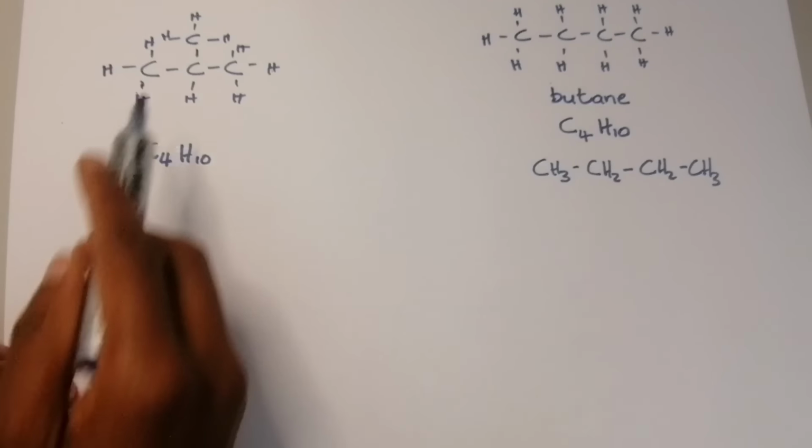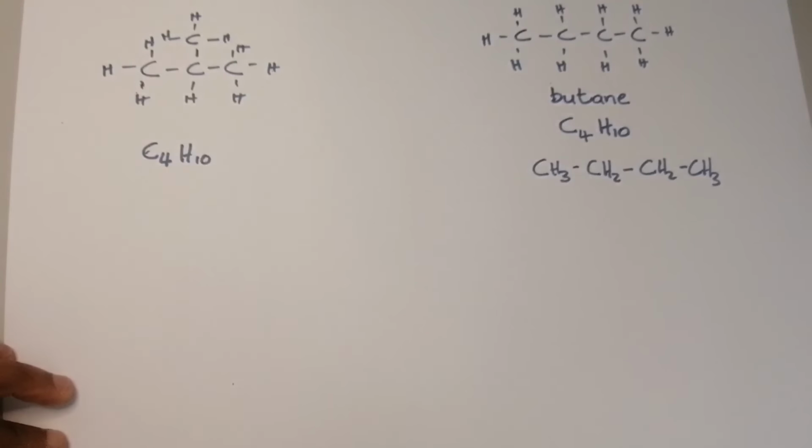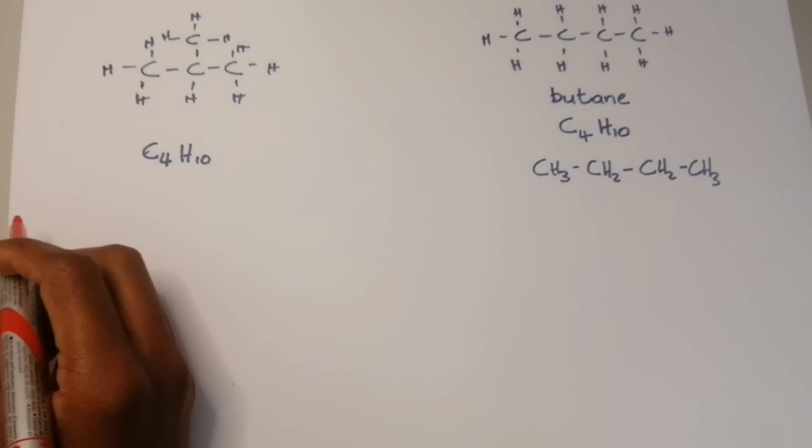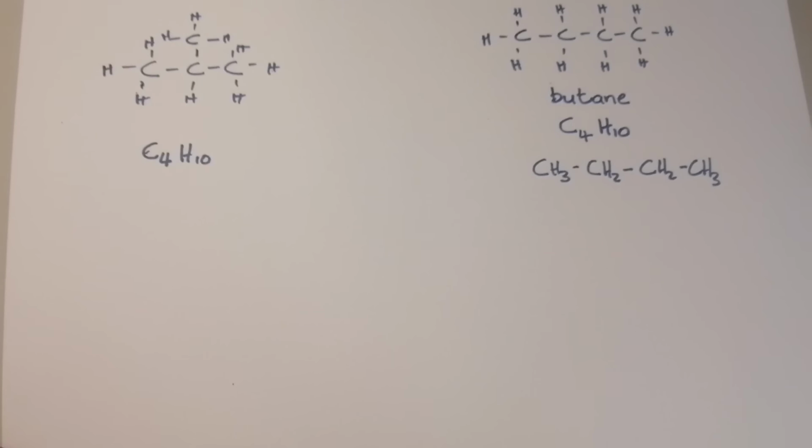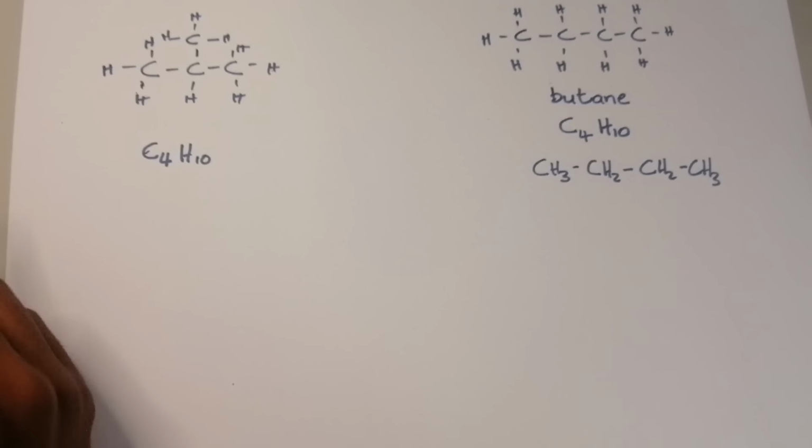Now the question is, how do I name this one? Ladies and gents, please stay with me for now. What we are going to do is introduce what we call a numbering system. Now, how do you number in this case? You always number from the side which is closest to your functional group.